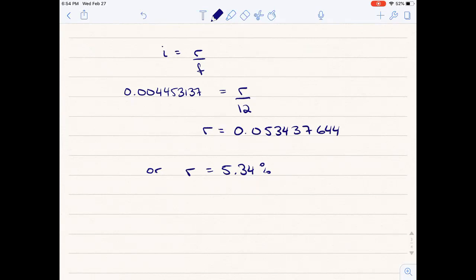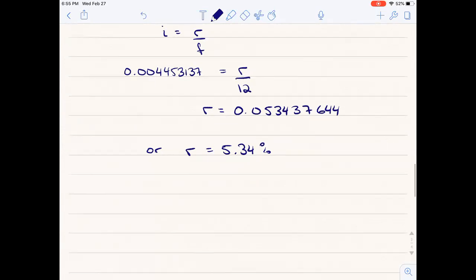It's possible that it's higher, but usually not. Okay? So for these questions, you're first going to find I, and then you can find R. Any questions about that? Okay. All right.